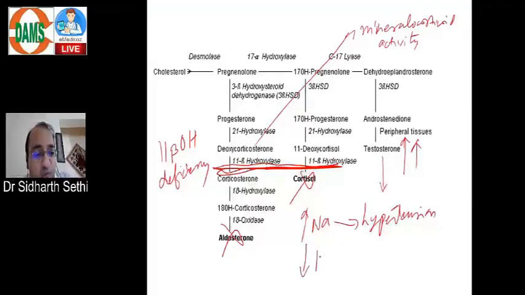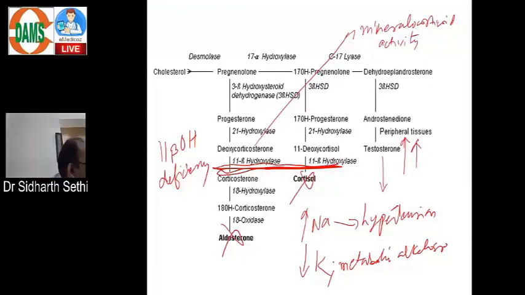Potassium is low. All of you know that aldosterone leads to sodium absorption and potassium excretion. So there is hypokalemic metabolic alkalosis. So all of you please remember this, that in your exam, if you get a child with hypertension and hypokalemia, think about some problem related to CAH.